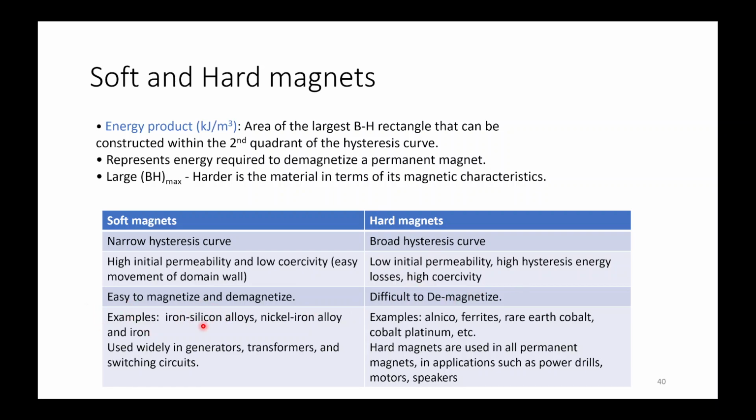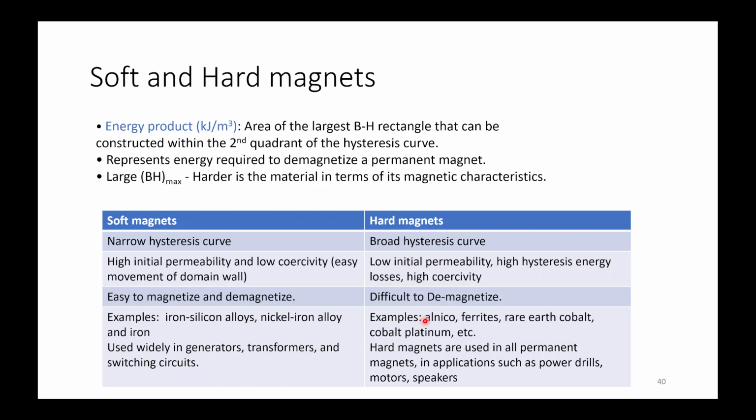Examples of soft magnets are iron silicon alloys, nickel iron alloy and iron. These are used widely in generators, transformers and switching circuits.